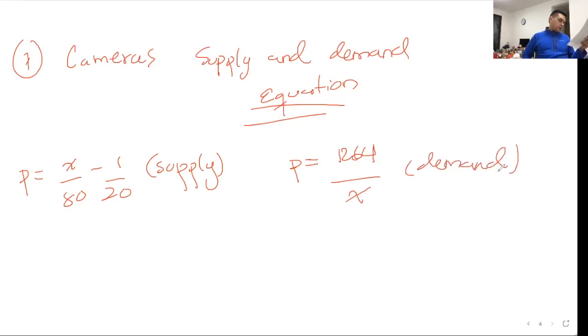All right. So find the price of a camera at which supply is equal to demand. So what we have to do is set these two equations equal to each other and then find the values for x.